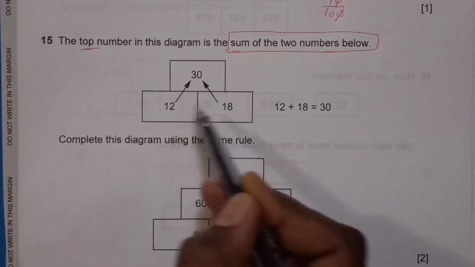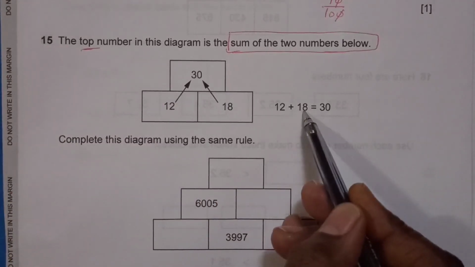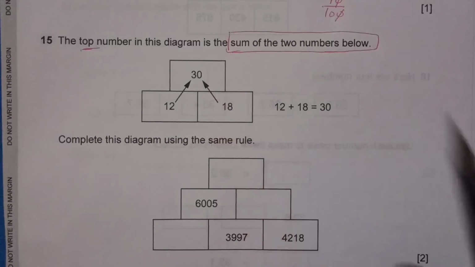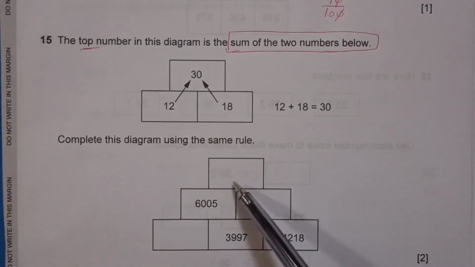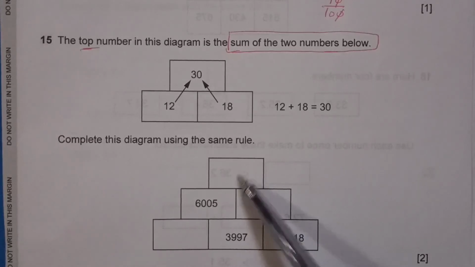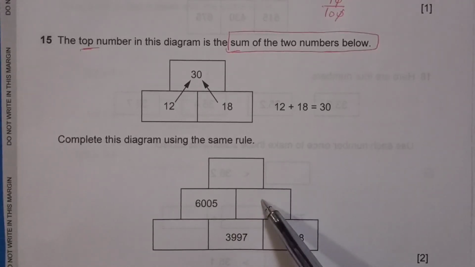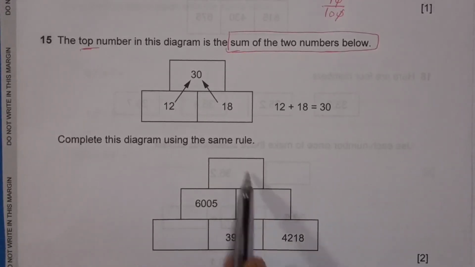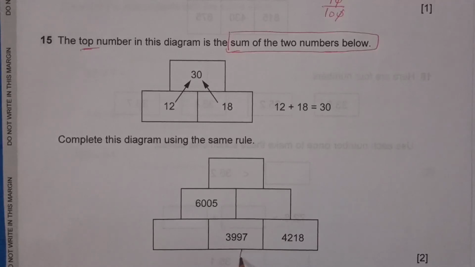It is the sum of these two. 12 plus 18 is 30. So we get this number. Now we need to complete this diagram. As you can see here, for the top number we do not have both of them, so we cannot start from here. We need to start from the bottom one. So this plus these two will give this top number.